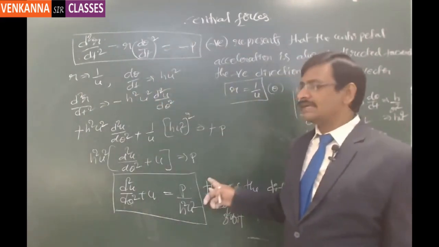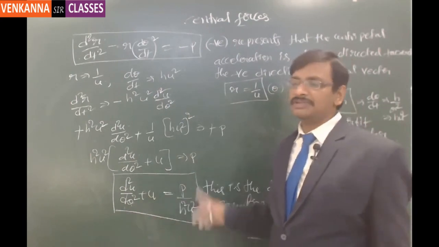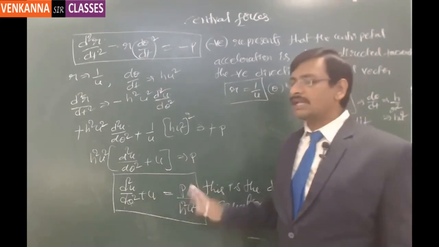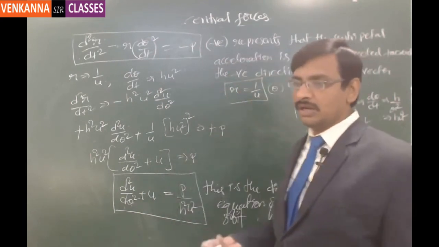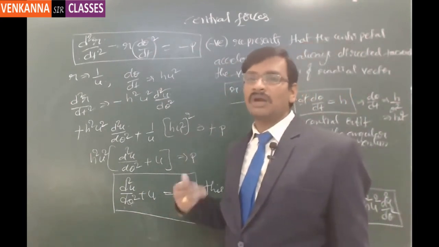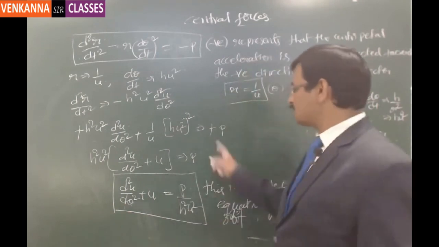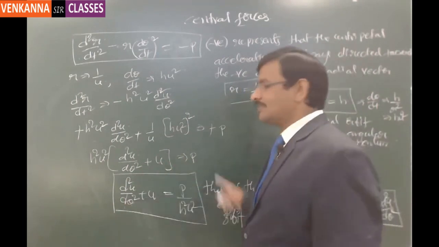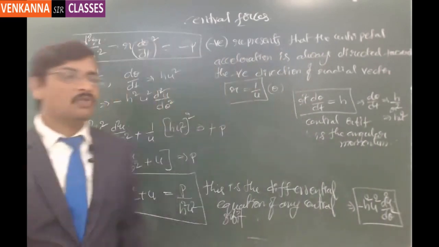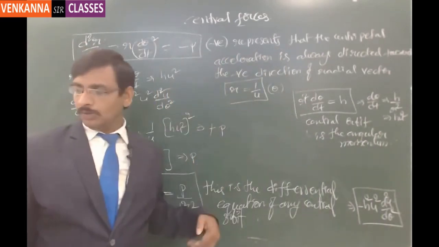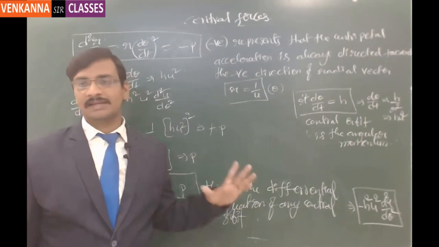So for any central force, this is the differential equation. This is irrespective of the law of force, where the law of force can be inverse square law or inverse cube law or whatever may be the law. So irrespective of that, this is the path of the central orbit from the fundamental condition that the force is always directed towards the pole and there is no transverse acceleration.